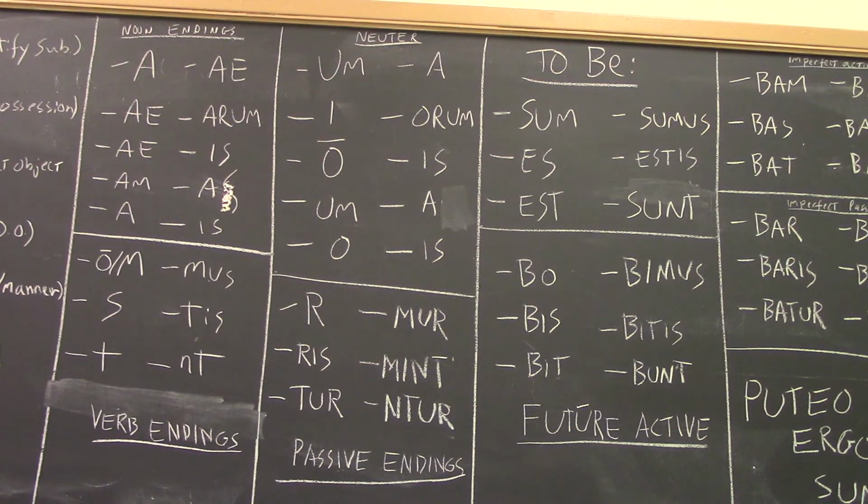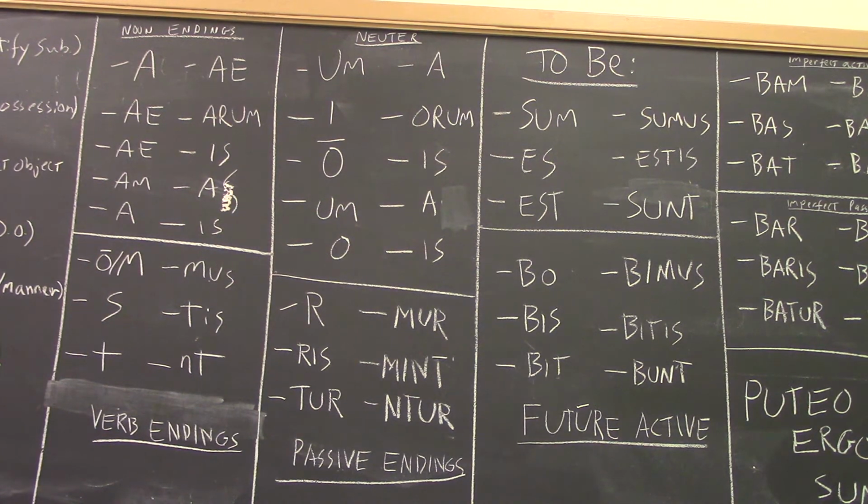Alright, to understand neuter, you have to understand that in Latin, some words are masculine or feminine. However, there are words that are neither. Those are called neuter nouns. The endings for neuter are going to be e, o, in the singular, and a, orum, is, a, is in the plural.